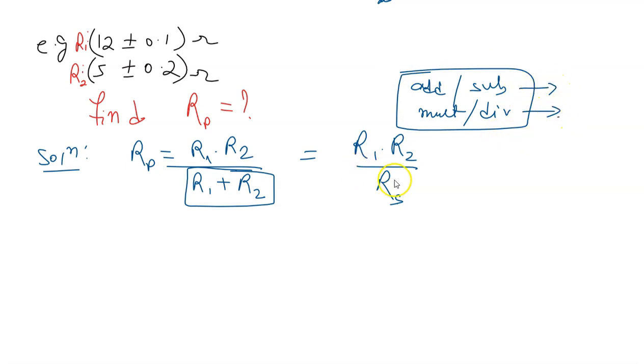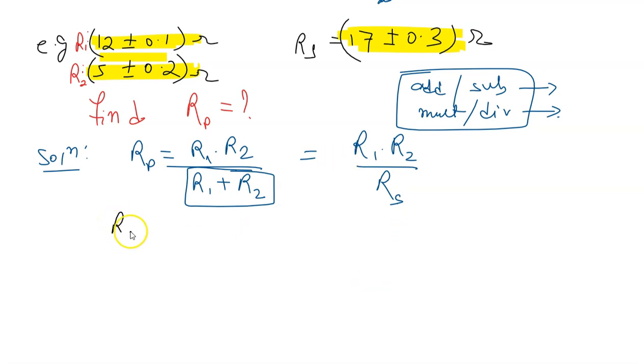So for that purpose I have already found resistance in series. What we found for the resistance in series is 17 plus minus 0.3. So this I can use as a separate quantity. So I'll use R1, I'll use R2 and I'll use R3. Now we have got the expression Rp is R1 into R2 by Rs.